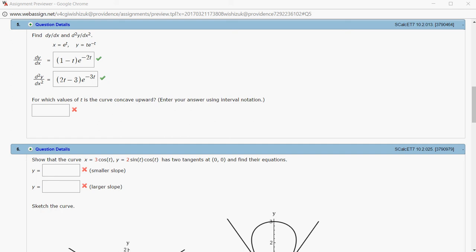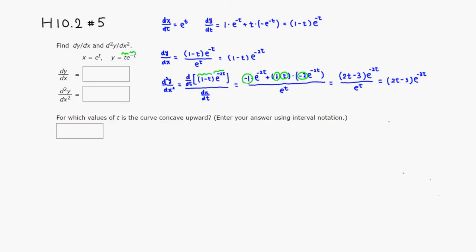The next part is for which values of t is the curve concave upward. We want to make sure that the second derivative is positive since we want to get a concave upward shape. The second derivative, we came up with 2t minus 3 e to the negative 3t.